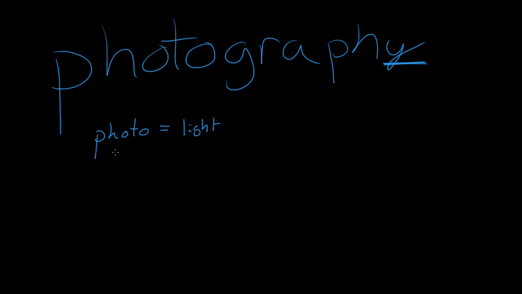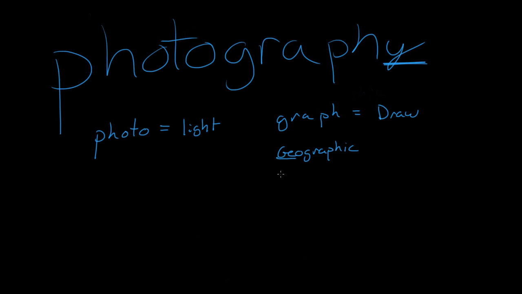So photographic, photo, photography, you just remember photo. Graph. This means to draw. So a good example is geography, where geo is earth, so it's a drawing of the earth, or geographic.